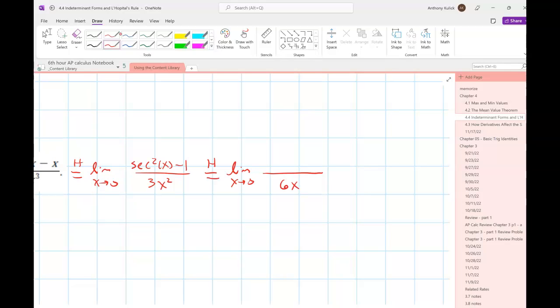What's the derivative of secant squared? This is a chain rule problem, right?